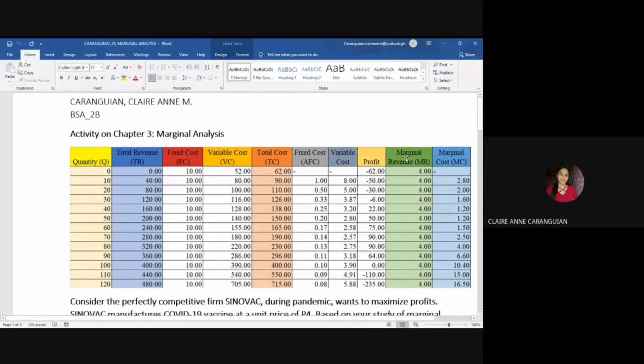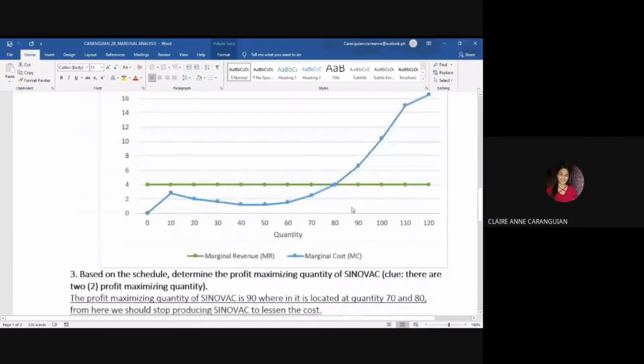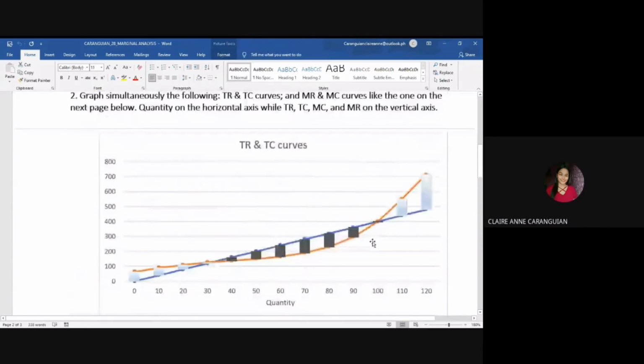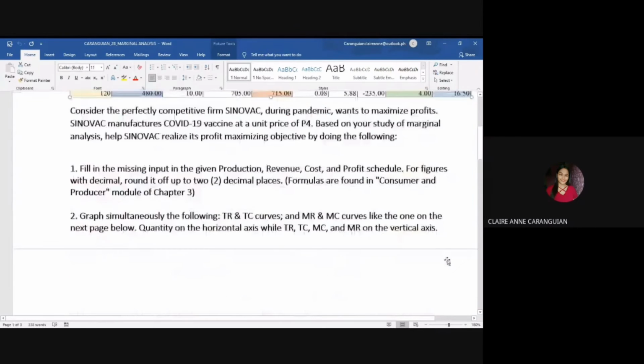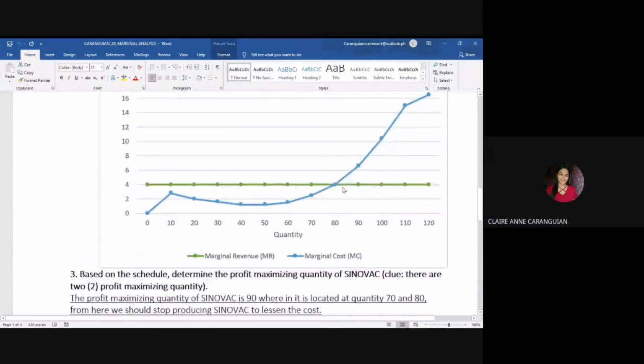Ito, marginal revenue is all puro 4 siya. So, yun yung nandun sa graph, puro 4. Then sa MC, ito, iba-iba yung marginal cost natin, right? So, dito din siya, ito yung pinakita.